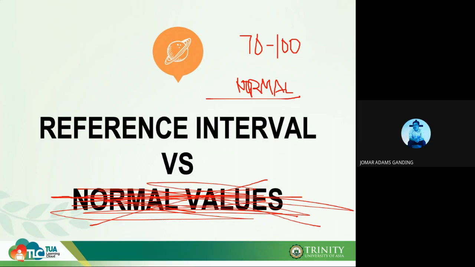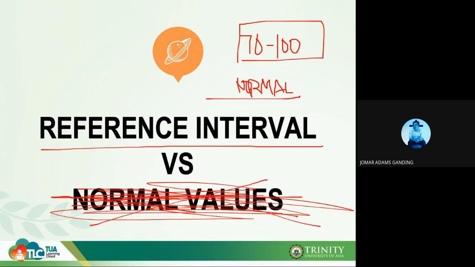But that is not the case every single time. A more accurate term to actually refer to this range is not a normal range or a normal value, but rather by referring to it as a reference interval or as a reference range.